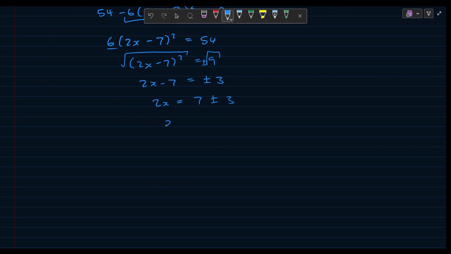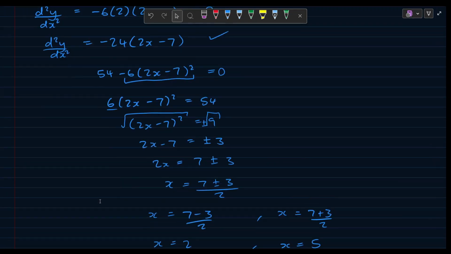So x is equal to (7 plus or minus 3) over 2. So x is either, let's start with the negative, (7 minus 3) over 2, that gives us x is equal to 2, and then (7 plus 3) over 2, so that gives us x is equal to 5. Alright, perfect. So these are the x coordinates for our stationary points.